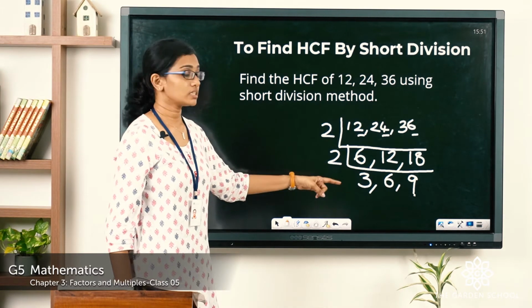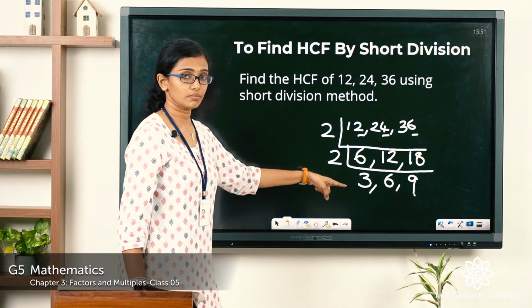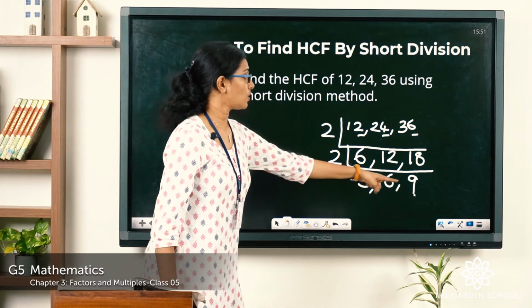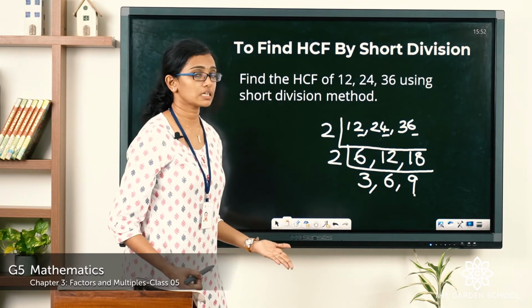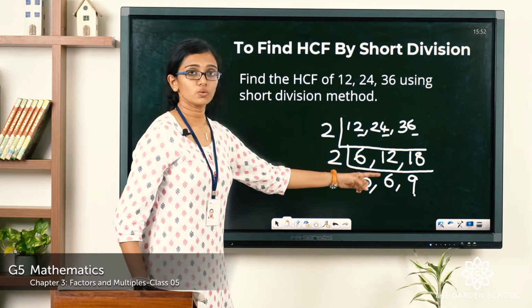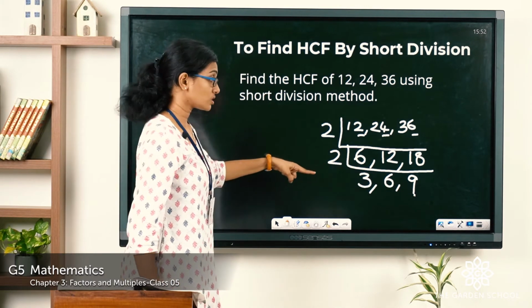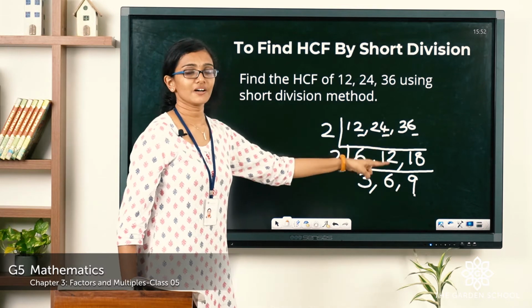Now what is the smallest possible common prime factor for these three numbers? Can we use 2 to divide all these three numbers? No. What about 3? Is 3 prime? Yes, 3 is prime, and you can use 3 as a divisor to divide all these three numbers. Why? Because these three numbers are multiples of 3.